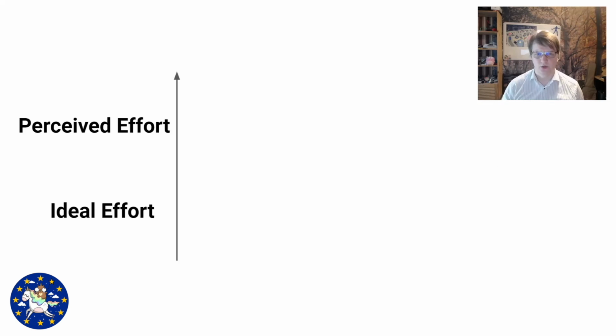So we can draw it on a graph. We have this perceived effort, like how do we perceive how much work we need to do to make something work or add a new feature. So this perceived effort, of course, goes up when we add new features or we have more code to work with.